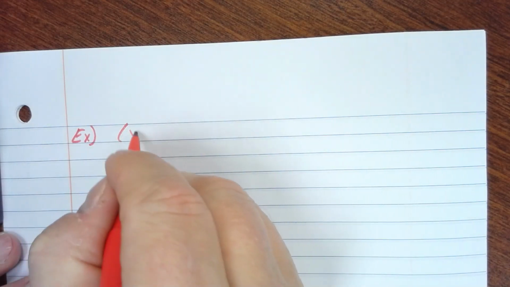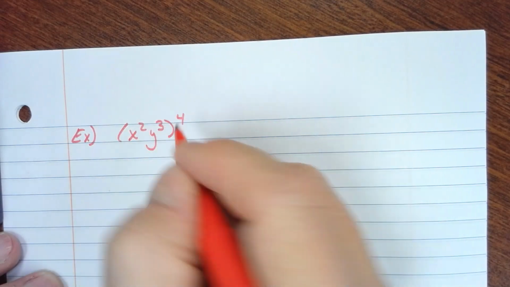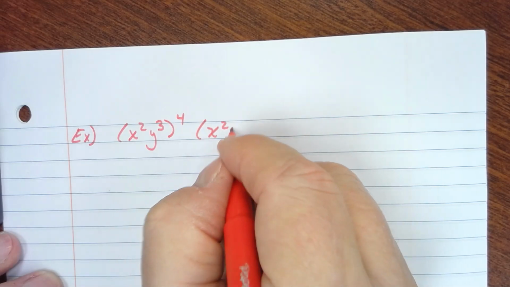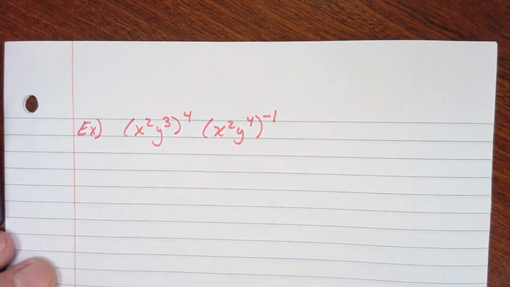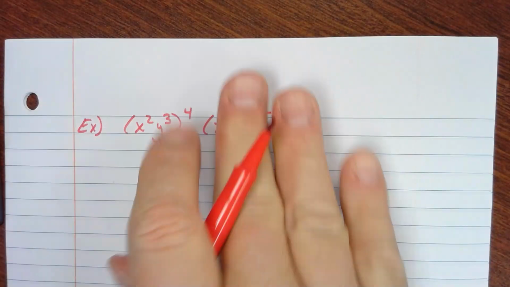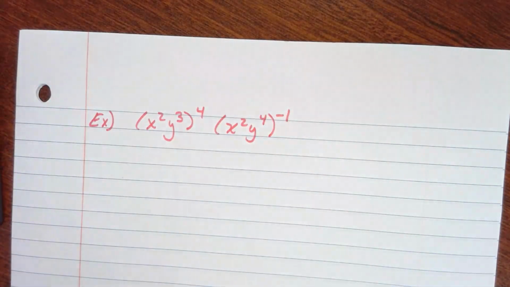Now I have x squared y cubed raised to the 4th power times x squared y to the 4th raised to the negative 1 power. Now I got all kinds. I got two problems. This was an example before, and then this was an example. Now there's two of them in the same problem.